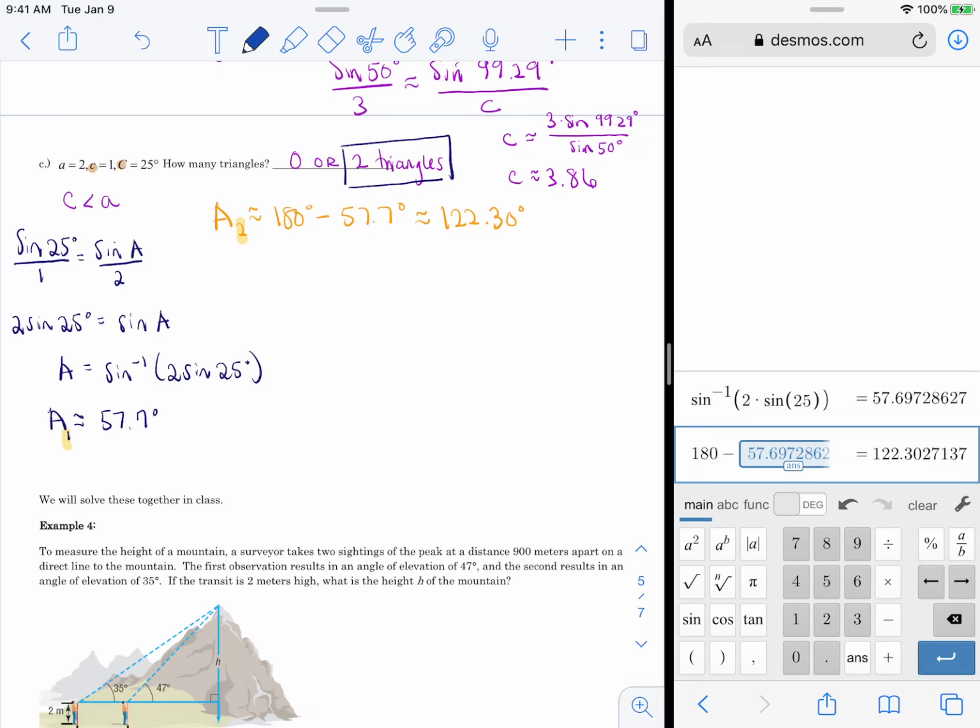Now I'm going to continue solving for both triangles at the same time. That's personally how I like to do it. So if I wanted to solve for B sub 1, well, my triangle is 180 degrees minus the 25 I'm given minus the angle I found.